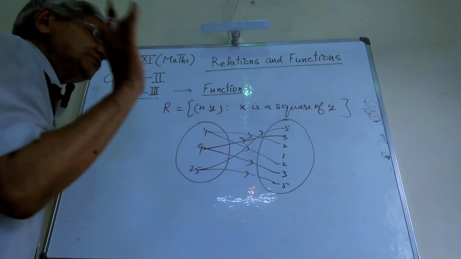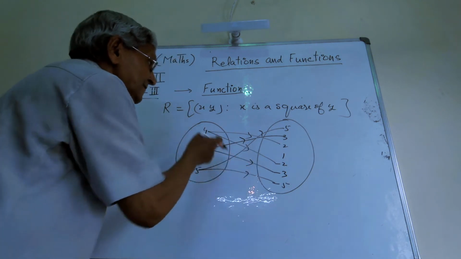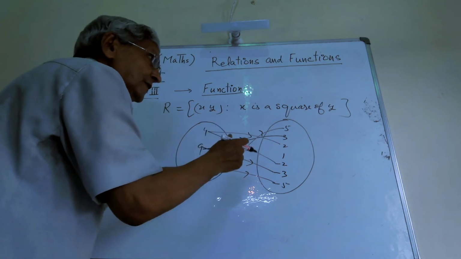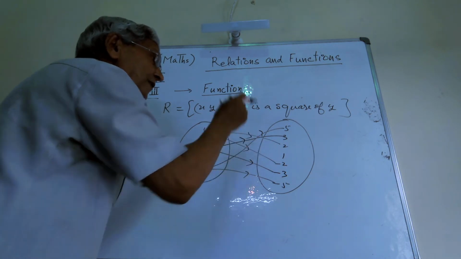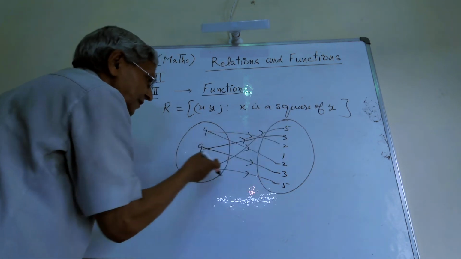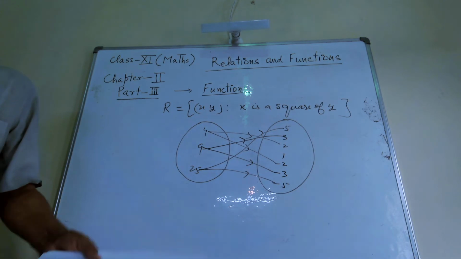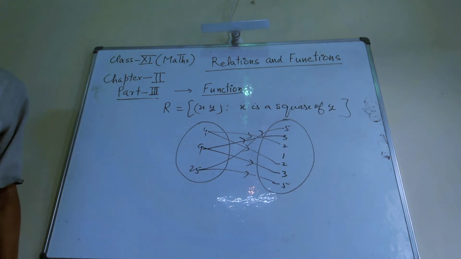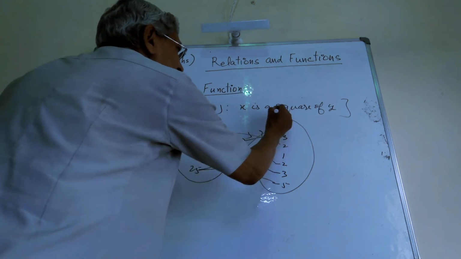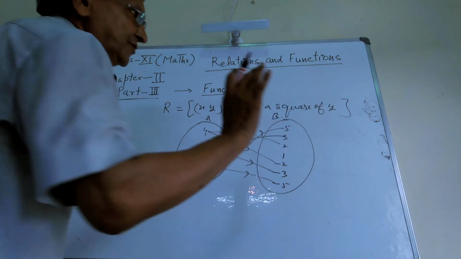This first condition is right, but the second condition was that these elements should have one and only one image, but it has two images. This also has two images. 25 has also two images. So the second condition is not fulfilled. So therefore, this is a relation. You see, this is a relation, but this is not a function.